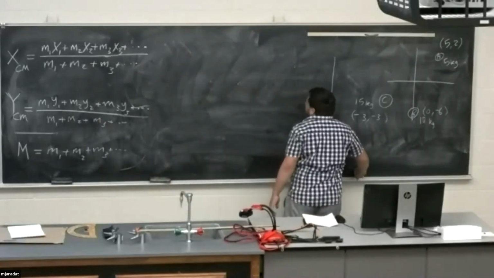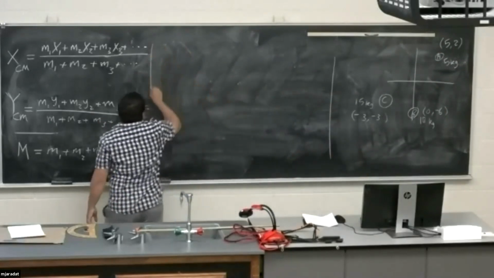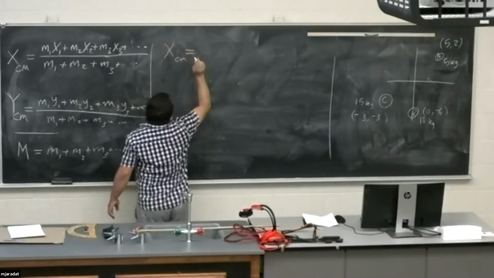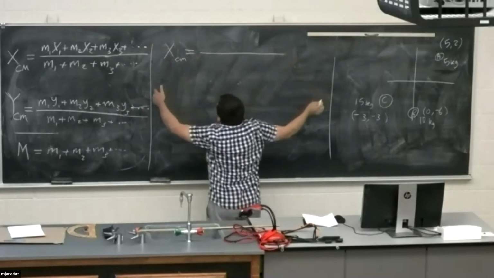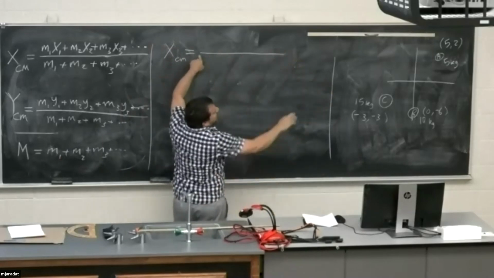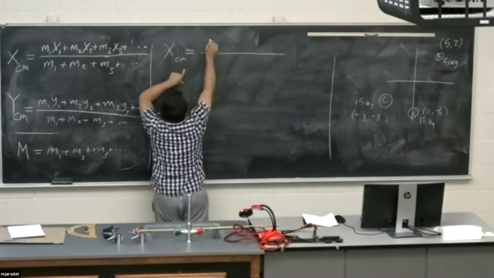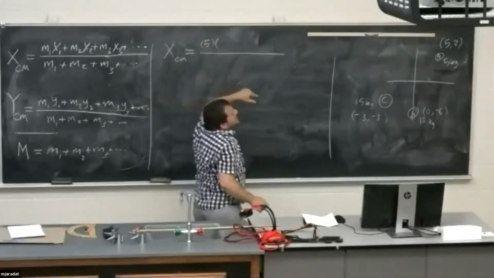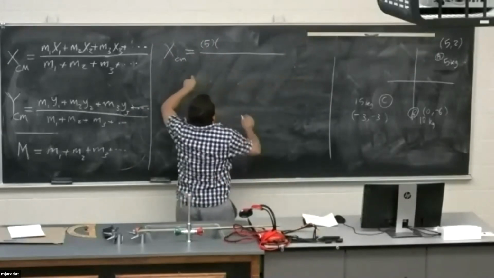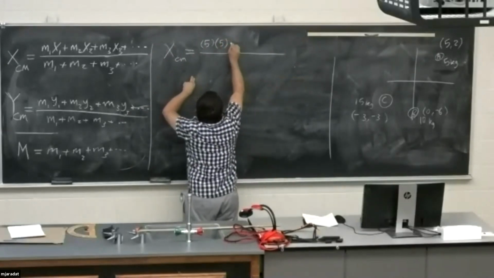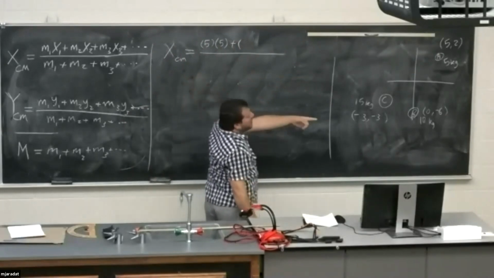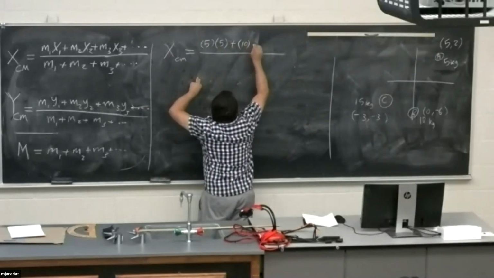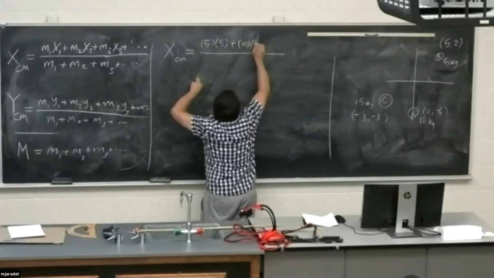These are separated objects. X center of mass: just one equation for each one of them. The first mass, which is A, is 5. What is its x position? It is 5 also. Plus the second mass, B, its mass 10, and its x position is 0.